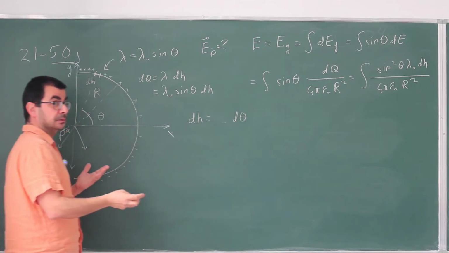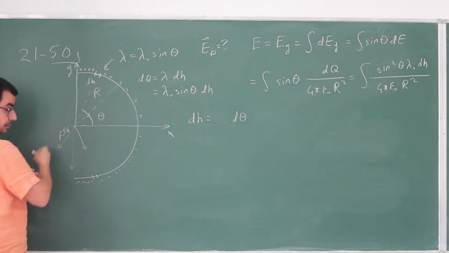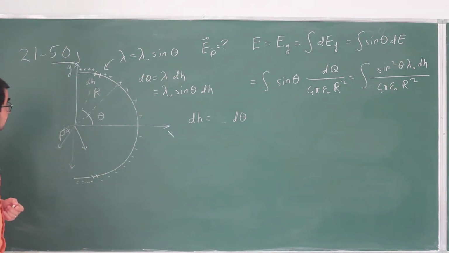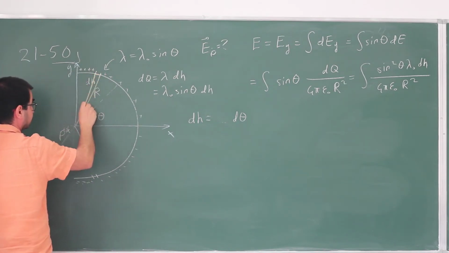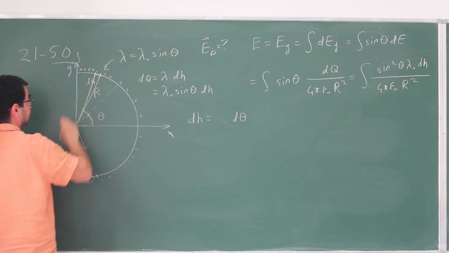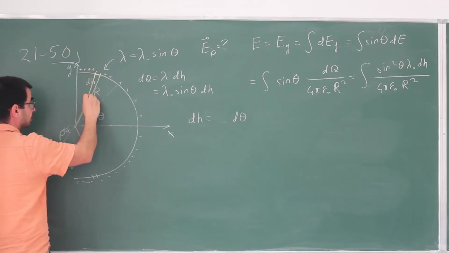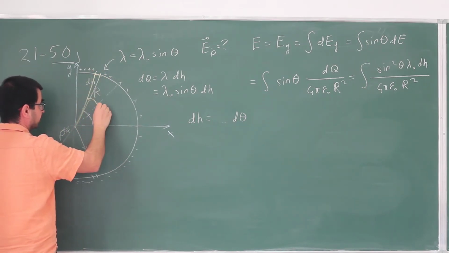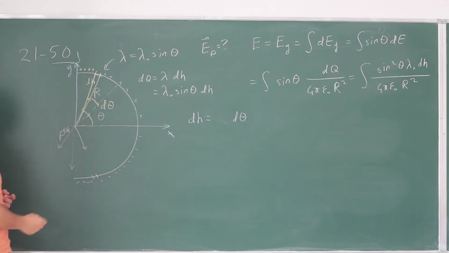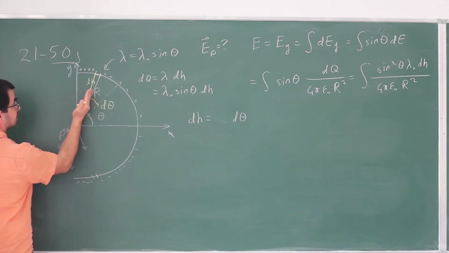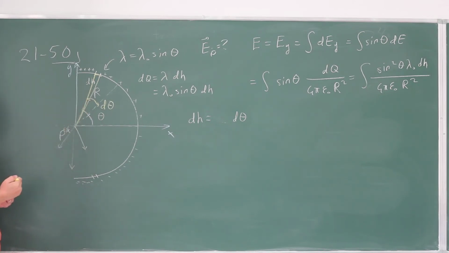And what is that? Well, let's draw the d theta. So let me use a different color of chalk here. Okay. I don't know if this actually comes out clearly. So this is going to correspond to moving this much. Okay. So we are going to cover this length dH if we move this much d theta on the angle. Okay.